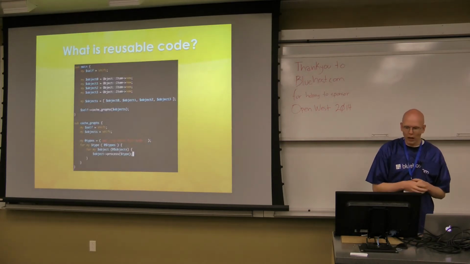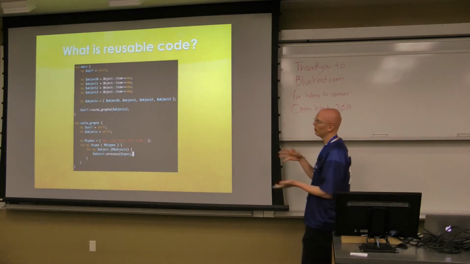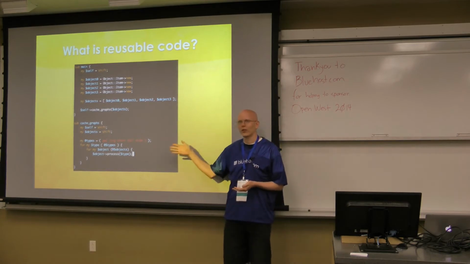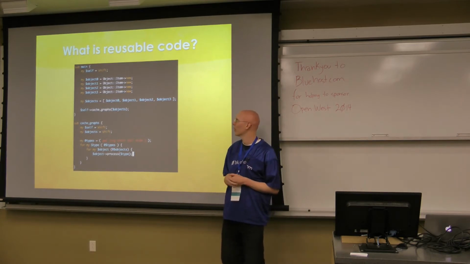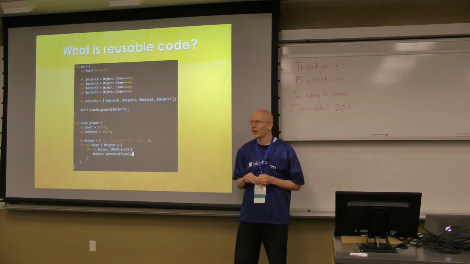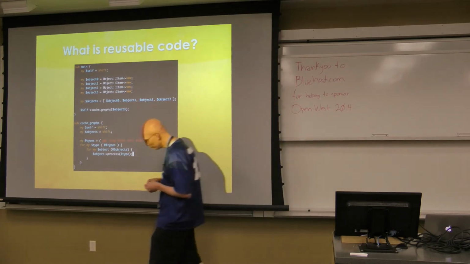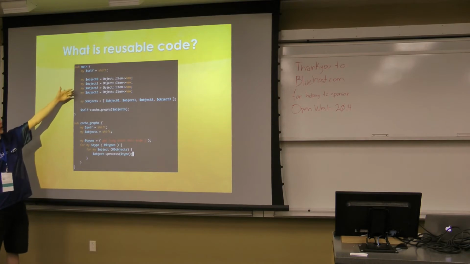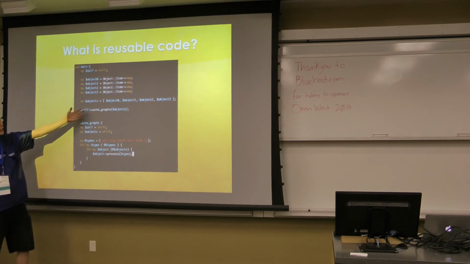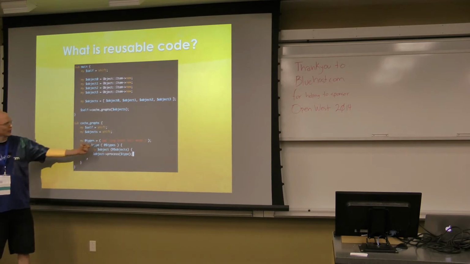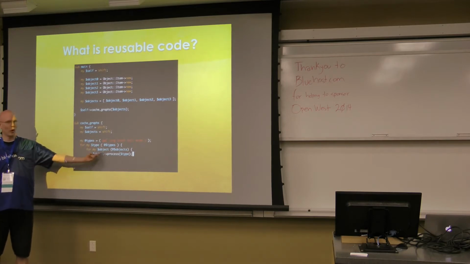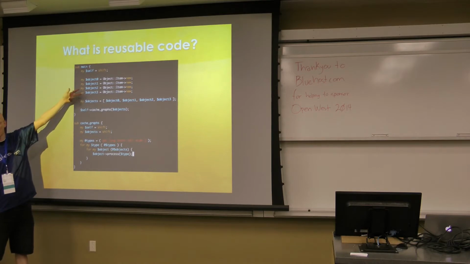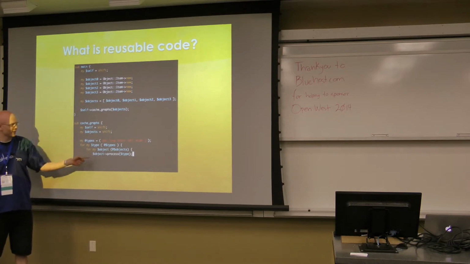This is simplified, but we actually have production code that has this in it. As you look this over, somebody is creating object 0, 1, 2, 3, creating them in a list, passing them into cache graphs, coming down here, looping over the types, then looping over the objects that they created up here, and processing those.